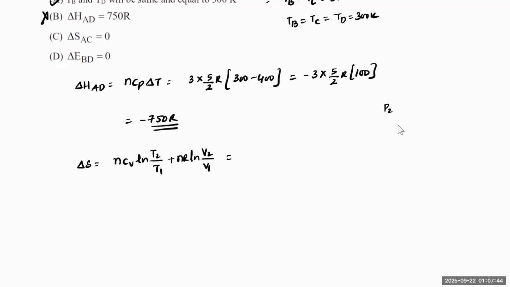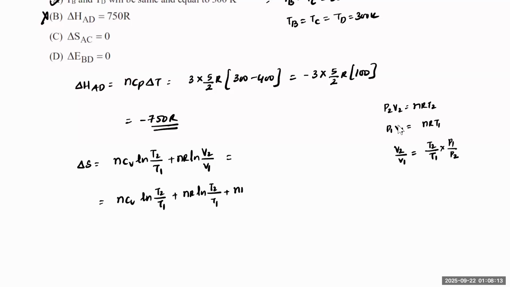We know that P2 V2 is equal to nRT2, P1 V1 is equal to nRT1. So we can write V2 by V1 is equal to T2 by T1 into P1 by P2. If I substitute that here, what do I get? nCv ln T2 by T1 plus nR ln T2 by T1 plus nR ln P1 by P2, correct?